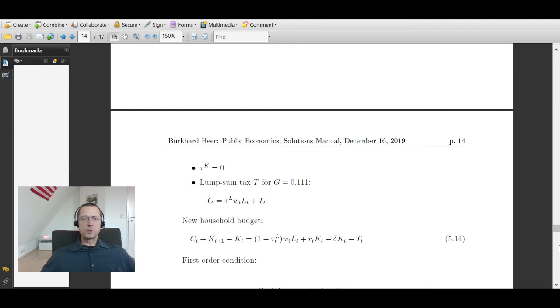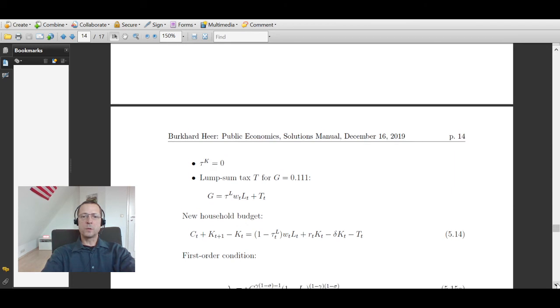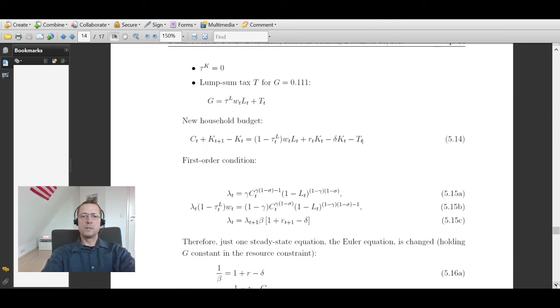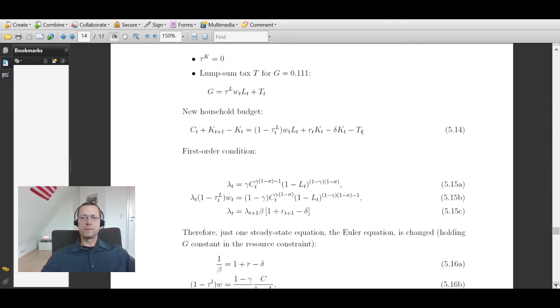The household budget constraint also changes, so we do not have to pay capital income taxes anymore. So we get R T K T, the interest income without any deductions, but we have to pay lump sum taxes T T.